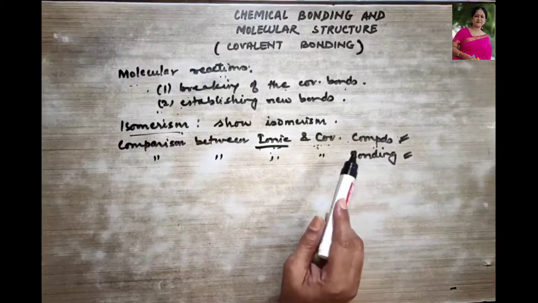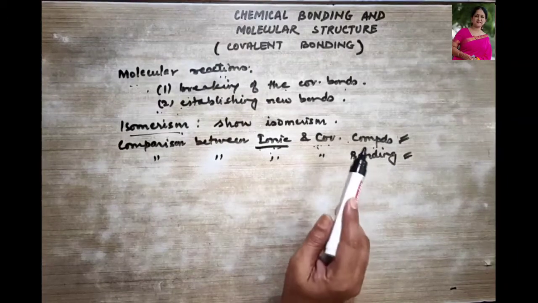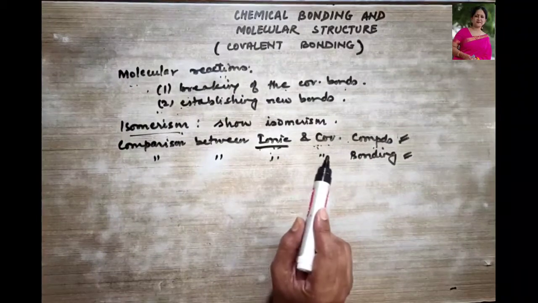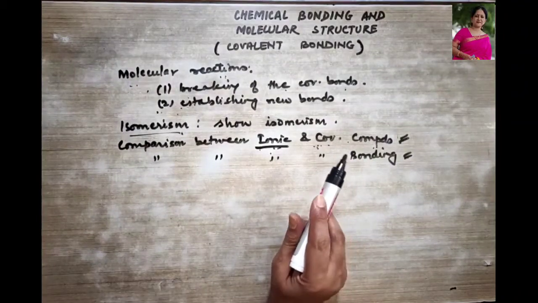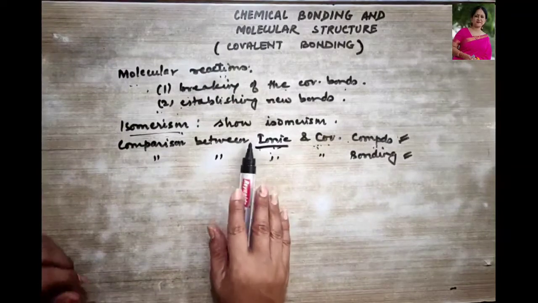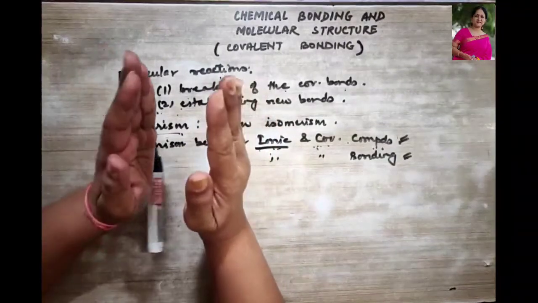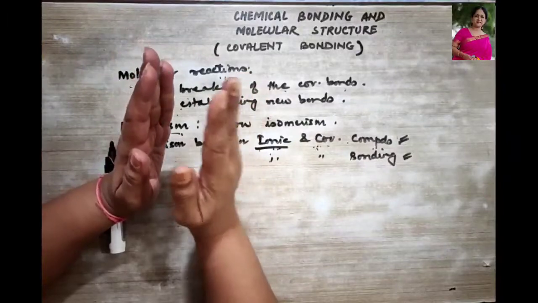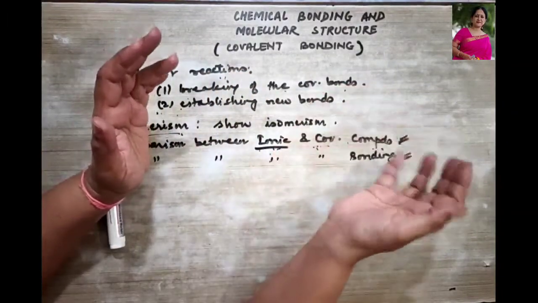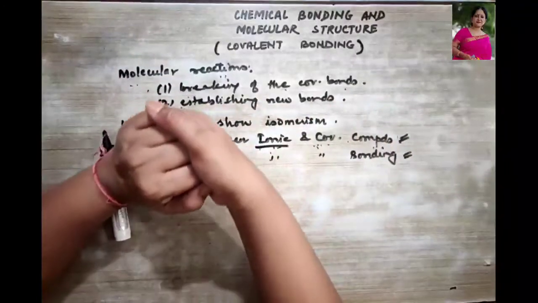But covalent bonding is a strong bond. Why so? Because the paired electrons cannot be separated easily. Try to understand it in this form: ionic bonding is where positive and negative ions are brought together, so they can be easily broken. But in covalent bonding, what happens?